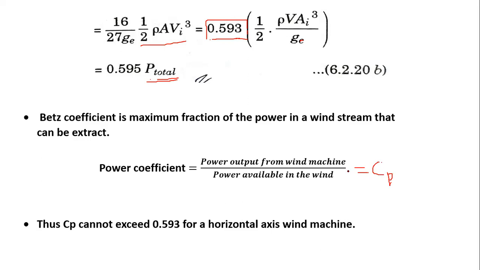If you observe, this CP cannot exceed the Betz coefficient 0.593 for a horizontal axis wind machine. All this we are giving for the horizontal axis, propeller type machine only, not for vertical.